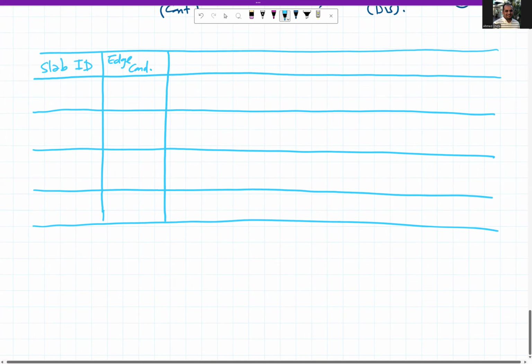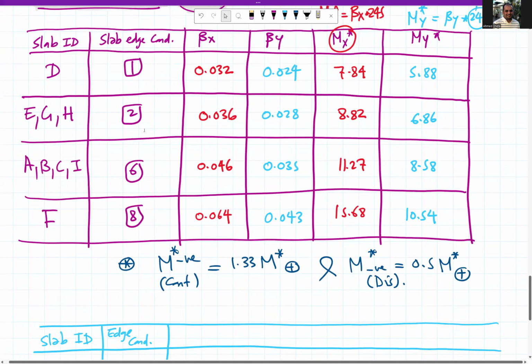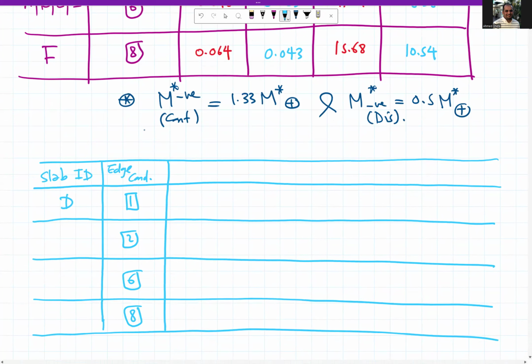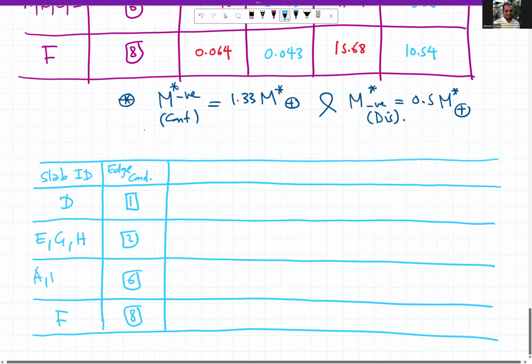Similar to the previous one, we have D, 1, 2, 6, 8. So this one is F. For 2, we have E, G, and H. And for 6, we have A, B, C, and I.